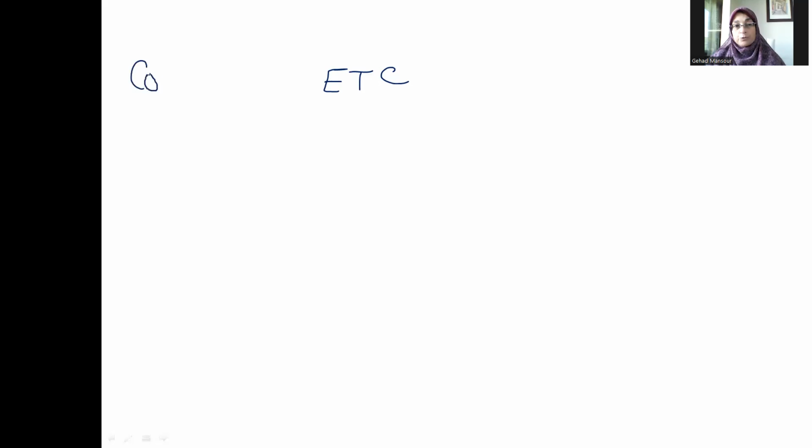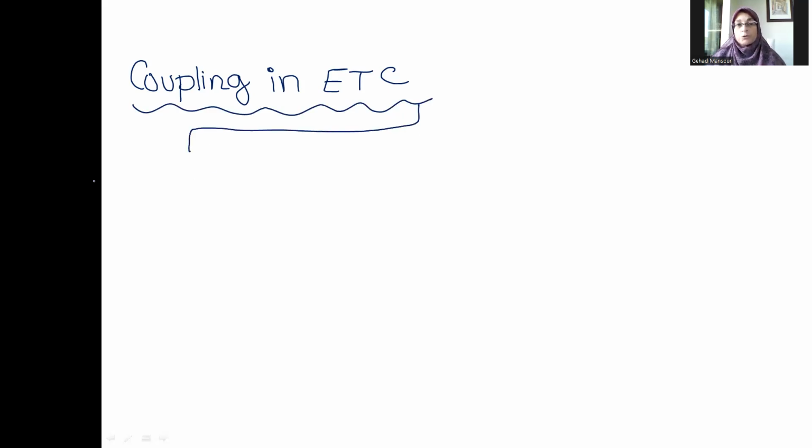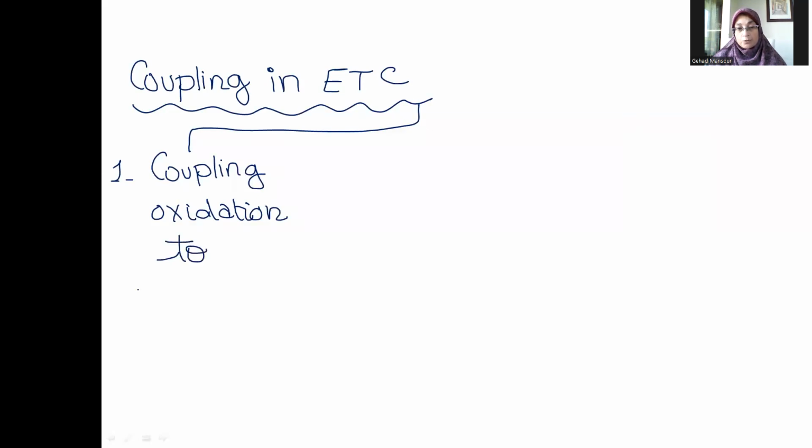So here we would summarize: coupling processes along the electron transfer chain. Number one, we have seen coupling oxidation to reduction, because every time a molecule is oxidized, another molecule will be reduced.